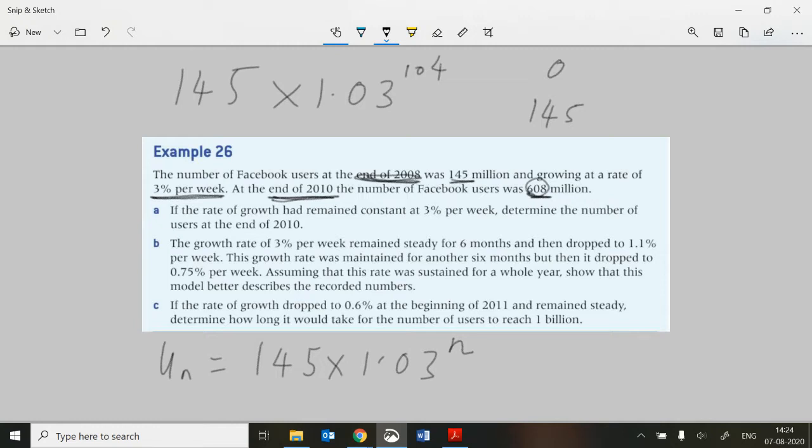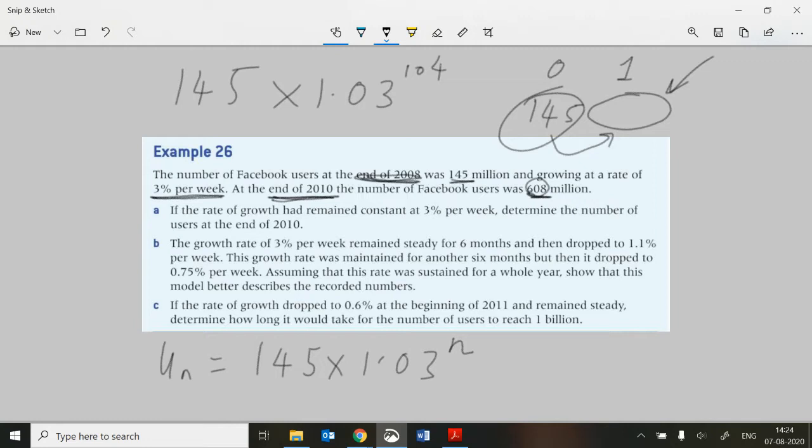That's right at the start. So week 1 after 1 week would be here. So the first value is going to be timesing by 1.03 to the power of 1. Okay, so I don't need the minus 1 here because my first week isn't the 145, it's this value here.